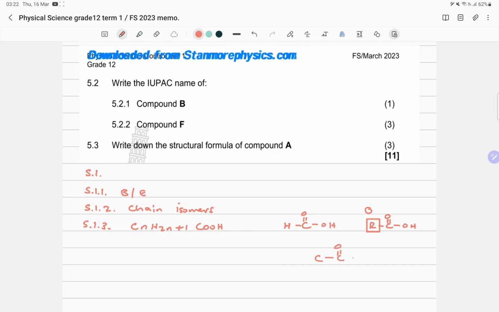Take, for example, ethanoic acid, which is acetic acid. Look at that. So we've got n, that is 1, so C1 plus 2 is going to be H2 plus 1, 3. So it's going to be H3. So do you see that? CH3, right?